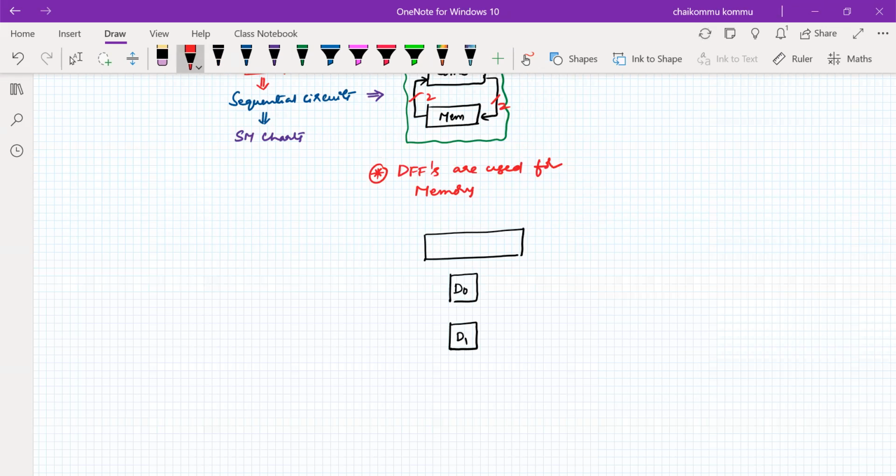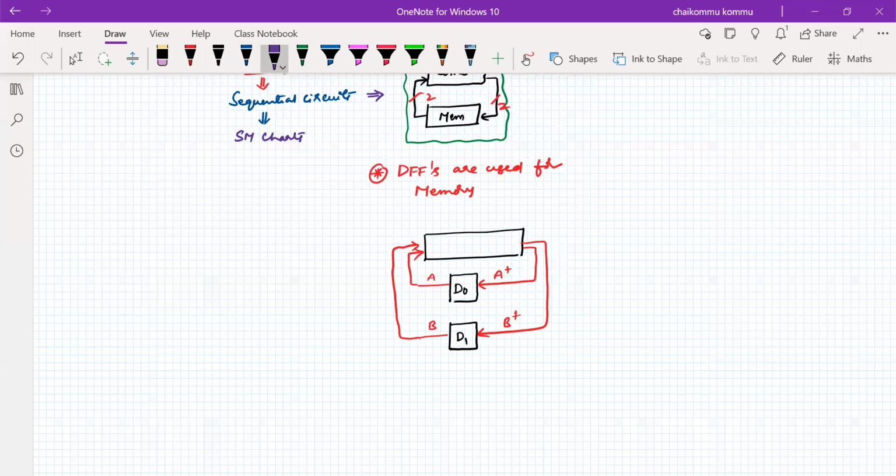We take some input here and connect it here. For example, this is called A plus. The next state is identified by A plus generally, and the next state for this one is B plus. The present states are A and B. Normally we would write Q0 plus and Q1 plus, but for the sake of simplicity in the state table, I am using A plus, B plus, and A, B. Here it is connected.